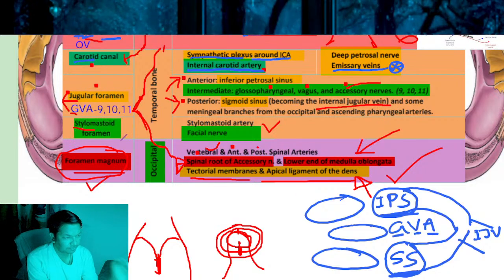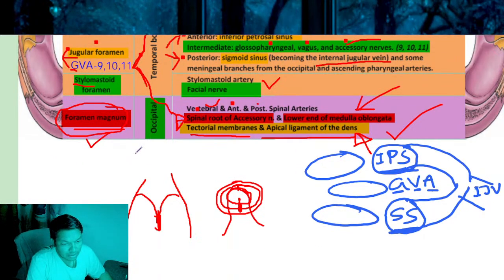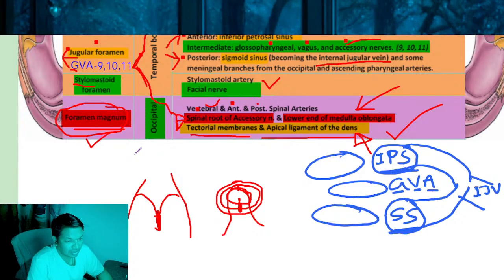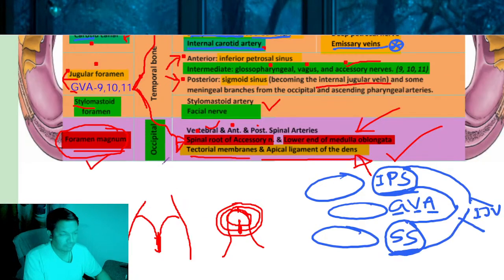Then stylomastoid foramen. It contains the stylomastoid artery and facial nerve. Then foramen magnum. Very important. Mainly it contains the lower end of the medulla oblongata and the spinal root of the accessory nerve.